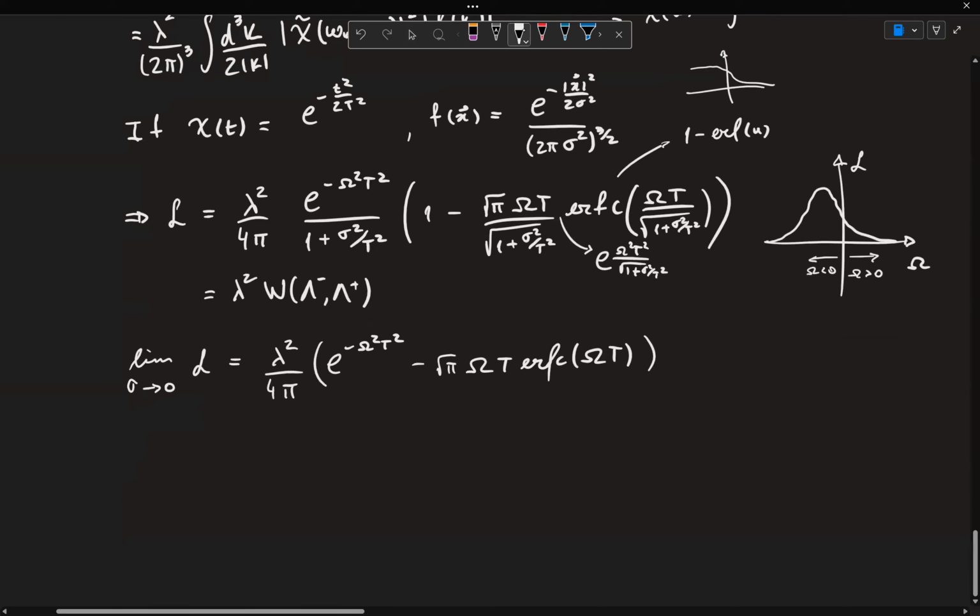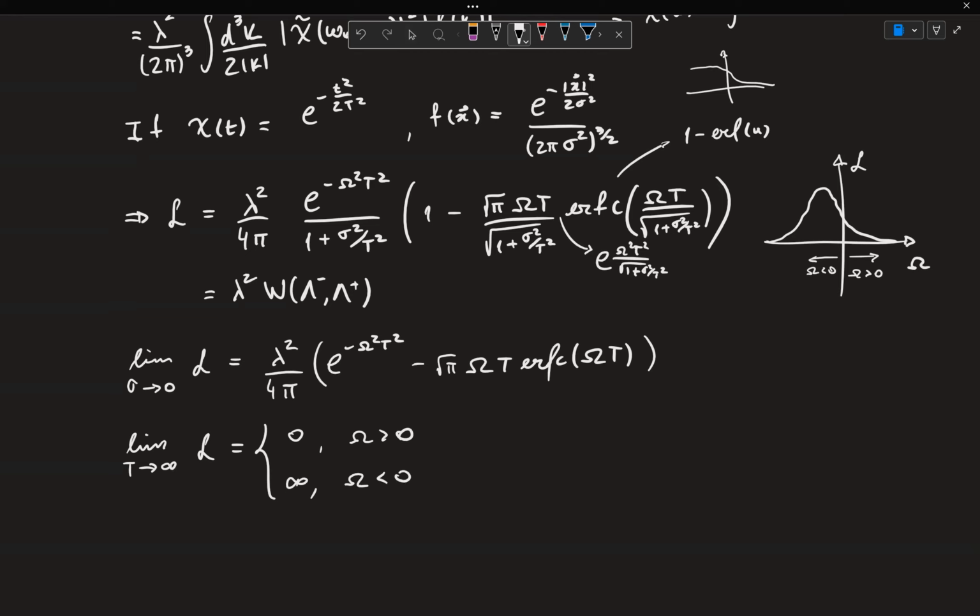The point is, from this expression, we can also compute the limit that people really like to compute. If you now compute the infinitely long time limit for this perturbative excitation probability, you find 0 if the gap is positive, but you find that this diverges if omega is smaller than 0.